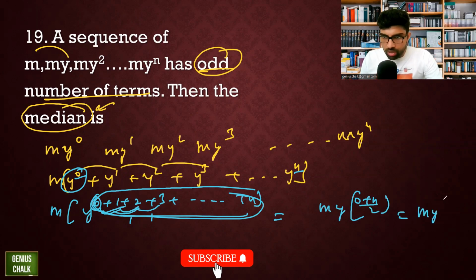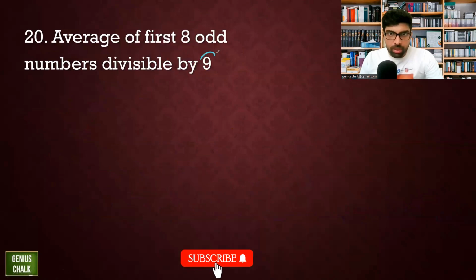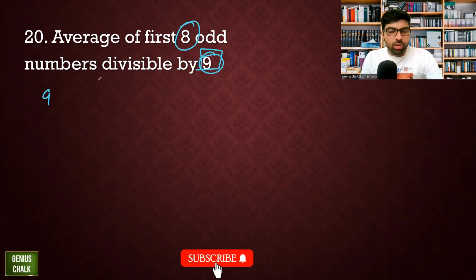m into y to the power n by 2. Next: average of the first 8 odd numbers divisible by 9. The first number which is divisible by 9 will be 9 only. After that, the second multiple of 9 is 18, but that is not odd. After that, it is 27. So 36 will not be taken, then 45. And like that, we have to write.